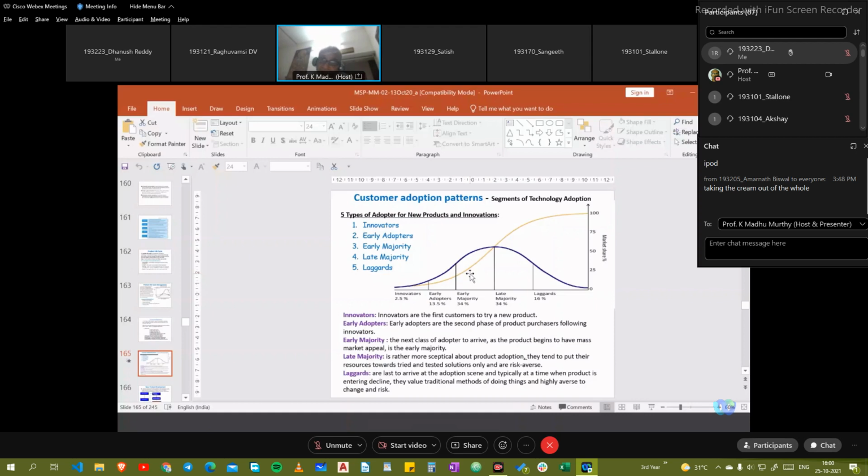The next set of people, the early adopters, are the most important part. More than the innovators, early adopters are actually the most important people, because these are the people who are brand ambassadors. In the sense that they spread word of mouth.